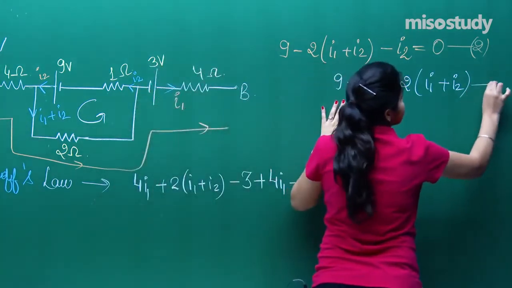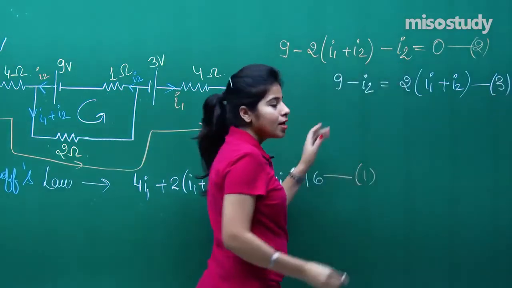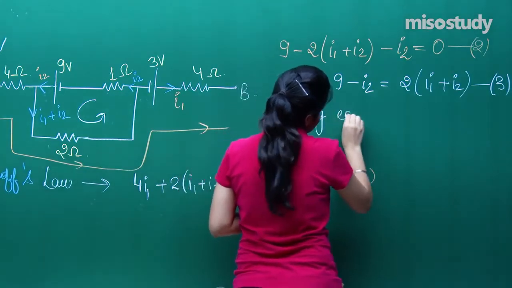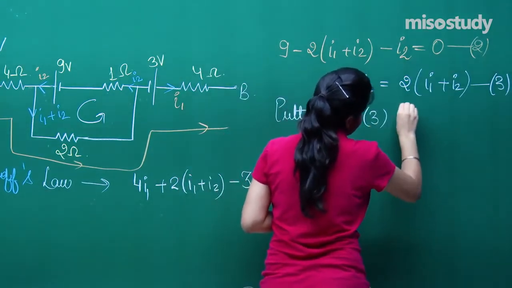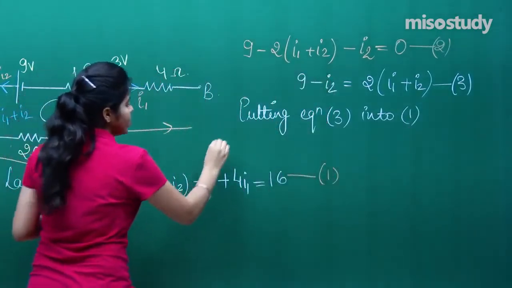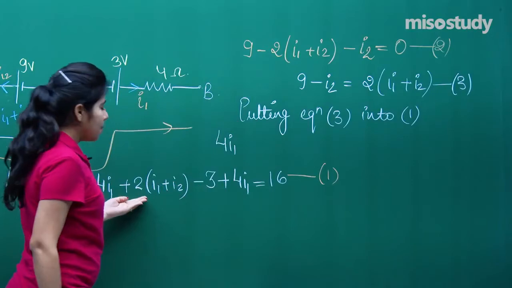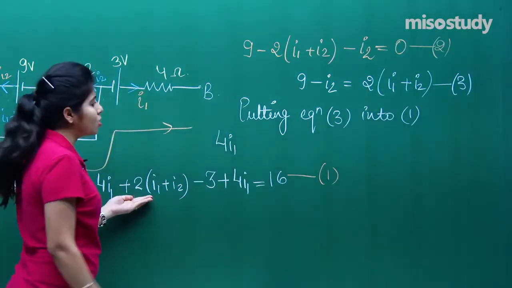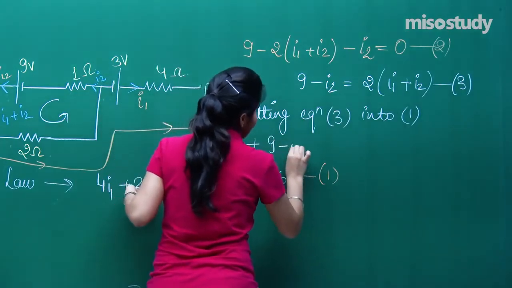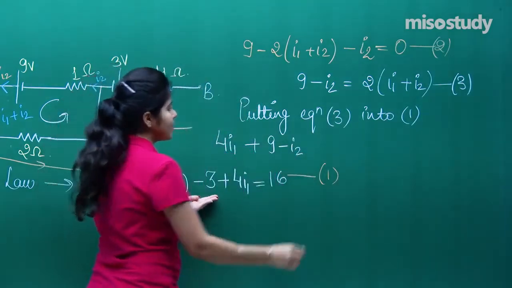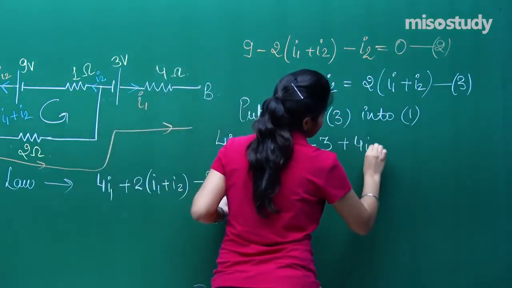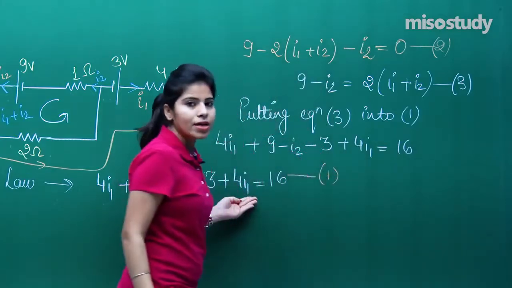Let me consider this as equation number 3. Now putting equation number 3 into 1, we will have 4I1, and in place of 2I1 plus I2, we write 9 minus I2, plus 9 minus I2 minus 3 plus 4I1 equals 16, right students?